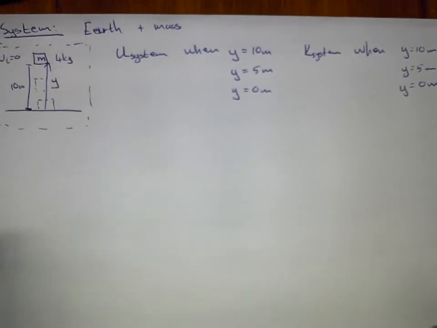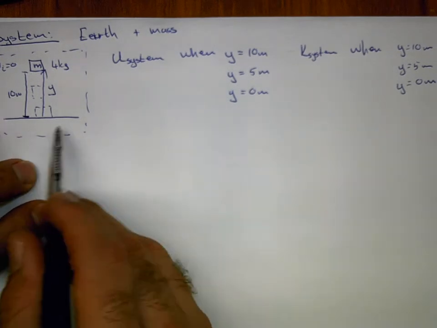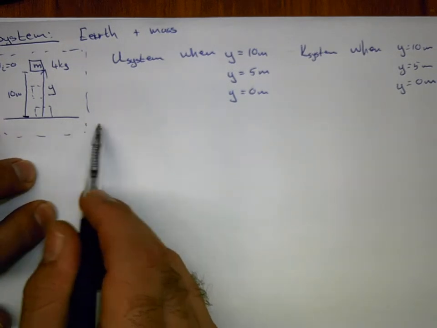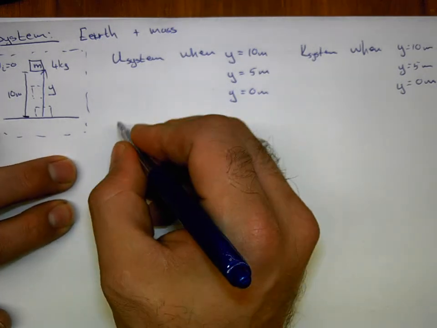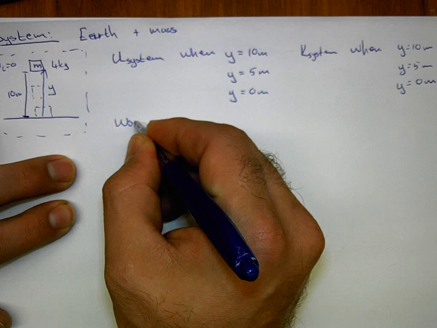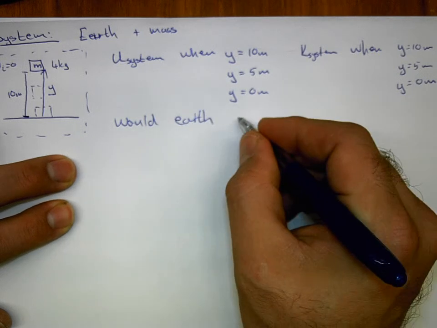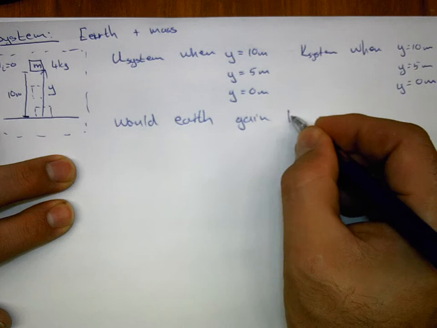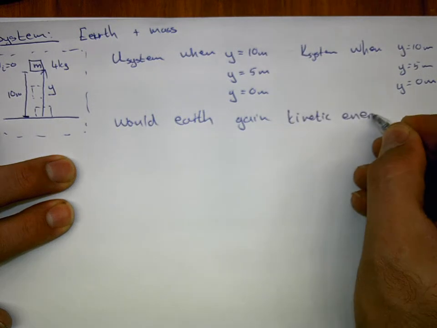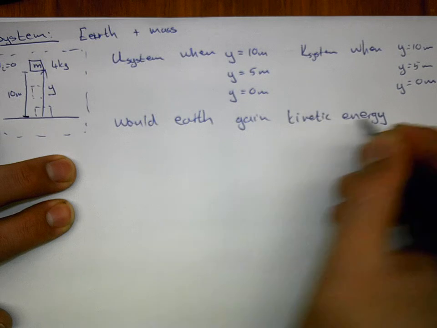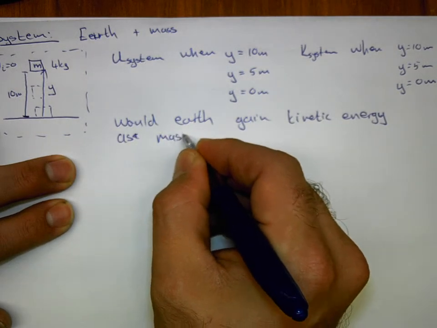So let's start by looking at the kinetic energy that the Earth would have. Would the Earth gain kinetic energy as the mass falls?